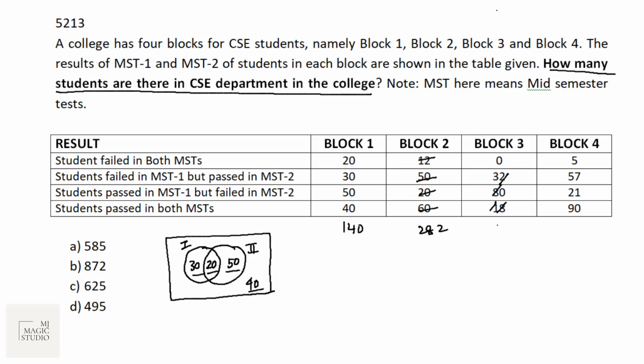This is 80, 90, 100, 130, and so on. 585 is the total number of students in the college in the CSE department. Option A is the pick.